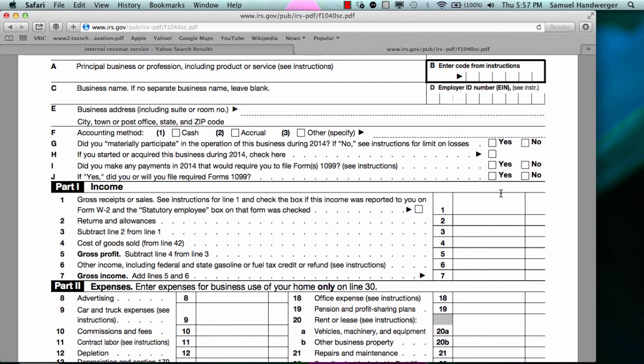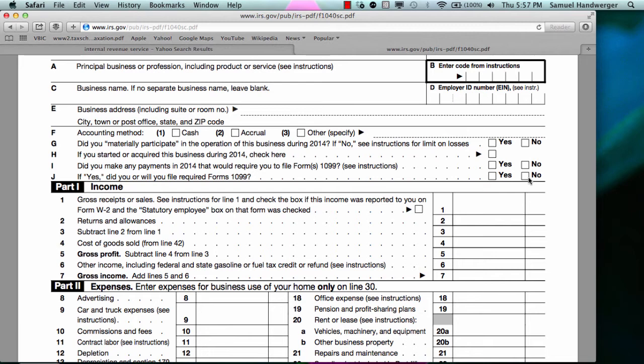And then they want to know if you did file them. You'd have to be a little bit naive to check the box for line I, yes, we made payments requiring Forms 1099, and then check J as no. That's like inviting an audit. That's what we call it, inviting an audit.